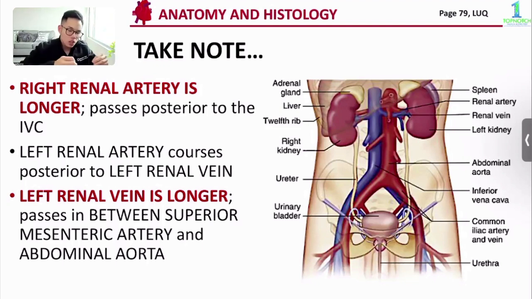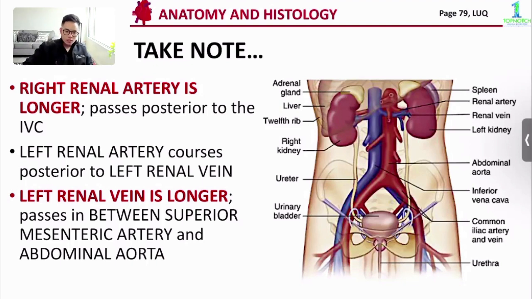When they place it in the other person, the renal artery is anastomosed to the internal iliac artery, whereas the renal vein is anastomosed to the external iliac vein. Again, the renal artery goes to the internal iliac artery, and the renal vein goes to the external iliac vein. And usually the kidney will be placed in the pelvic fossa.